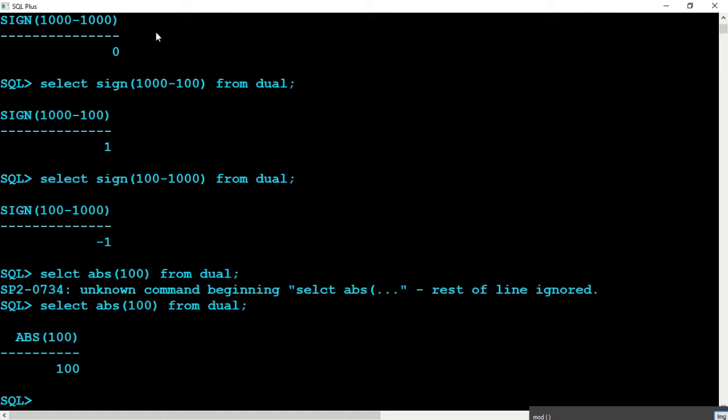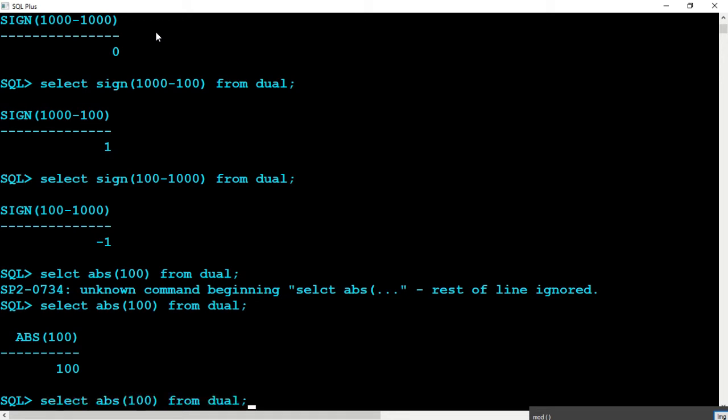Absolute value of 100: any positive value or negative value, it will always return the positive value. And 0 it will return as 0.